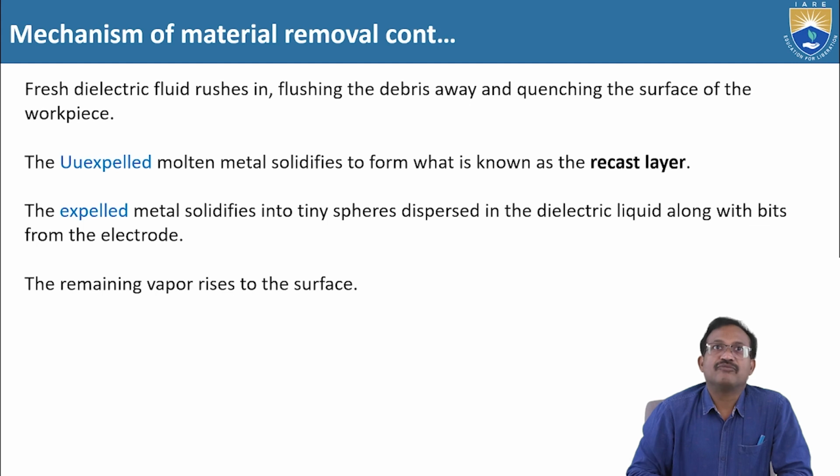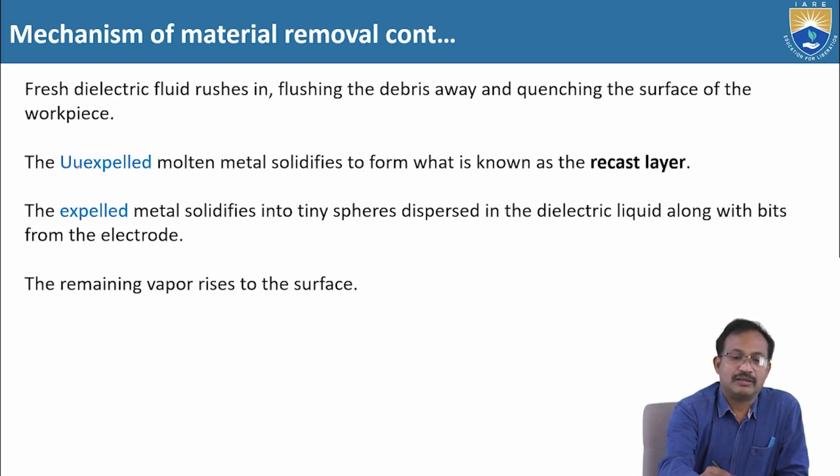Fresh dielectric fluid rushes in. So the dielectric fluid is constantly circulating between the tool and the workpiece. Fresh dielectric fluid rushes in, flushing the debris away and quenching the surface of the workpiece.